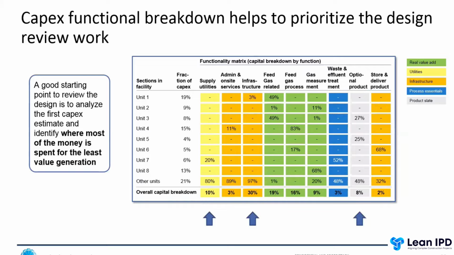We also see something related to optional products. If we have a breakdown like this, we can then define which functions are consuming the most Capex for the least value. I put these three arrows at the bottom to highlight that 10% of the overall Capex is supplying utilities.